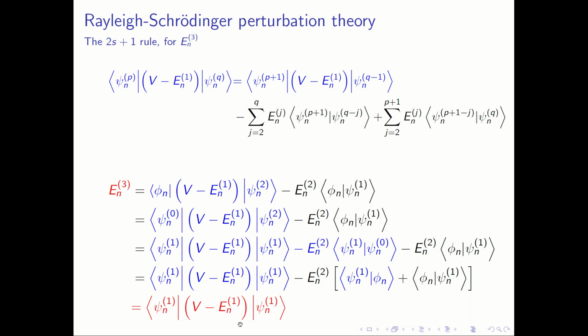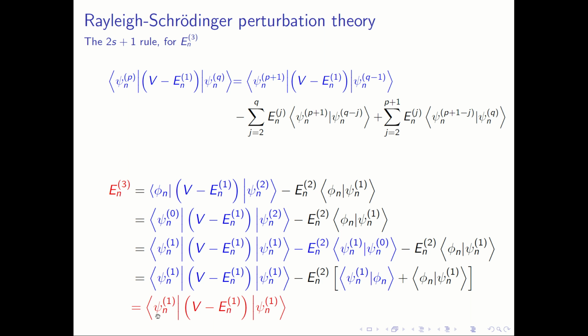Strictly speaking, this is not really an expectation value, because to be an expectation value, you have to divide it by the norm of this, which is definitely not 1. So strictly speaking, it's just the matrix element between psi_n^1 and psi_n^1 of V minus E_n^1, and you have not bothered to normalize anything. This is just the calculated result.